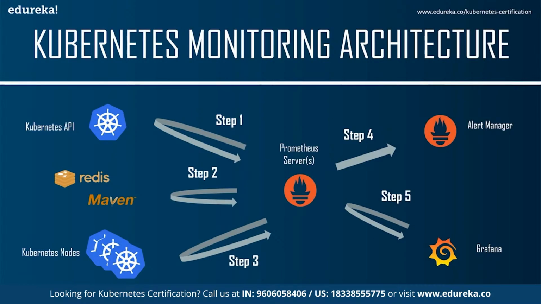Now moving on to step 4, Prometheus can configure rules to trigger alerts using PromQL. Alert Manager will be in charge of managing alert notifications, inhibition, etc. Now the Alert Manager component configures the receivers and gateways to deliver alert notifications.